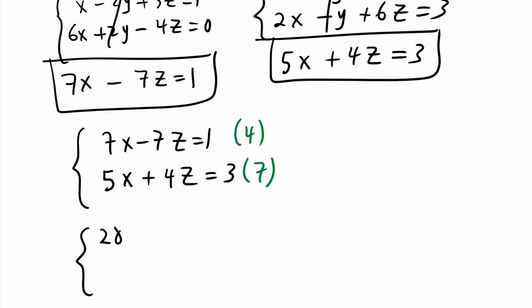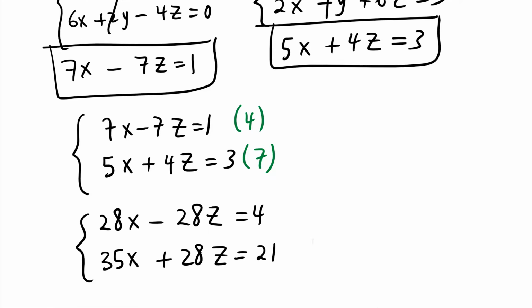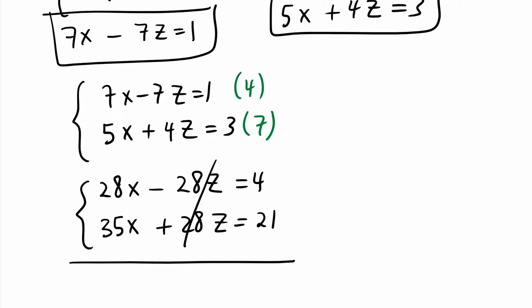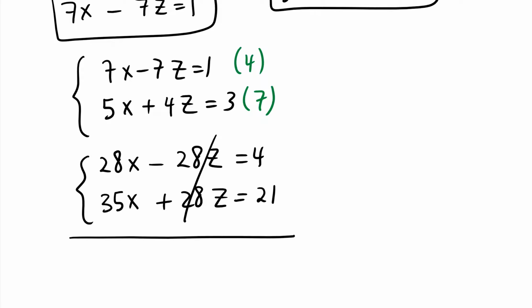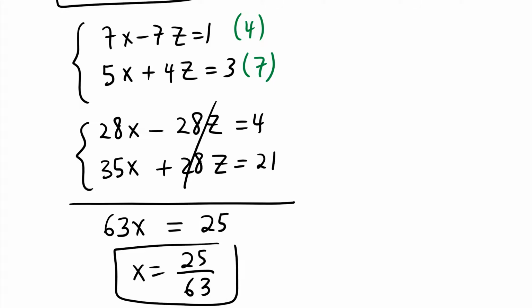So we get 28x minus 28z equals 4, and 35x plus 28z equals 21. Add them up, these cancel, and we get 63x equals 25. So x would be 25 over 63.